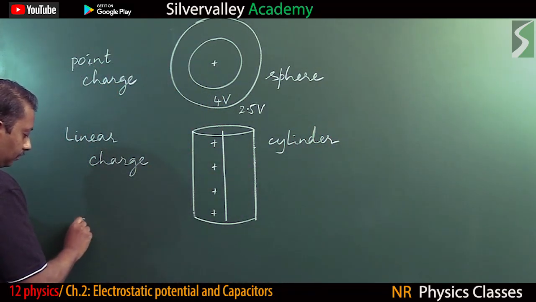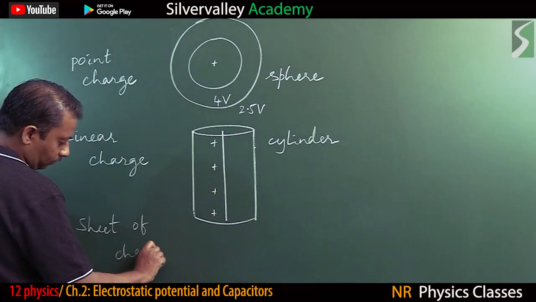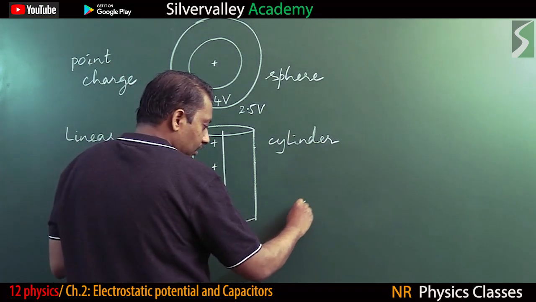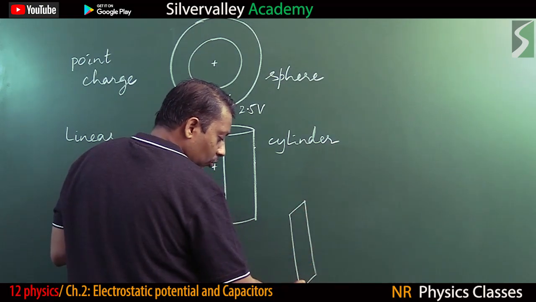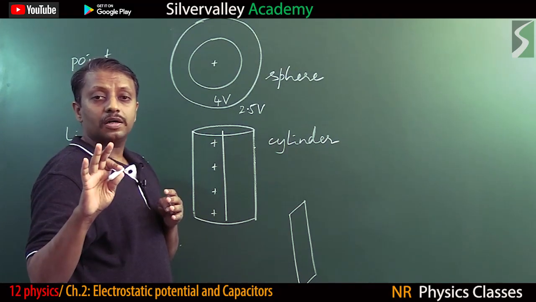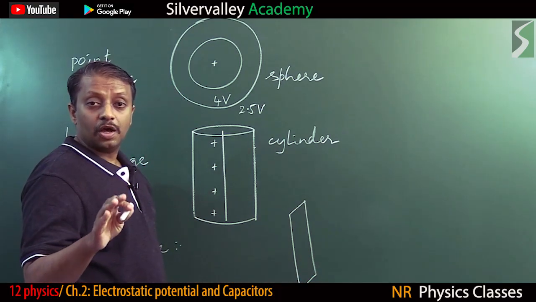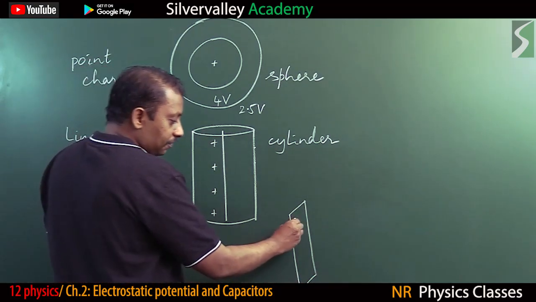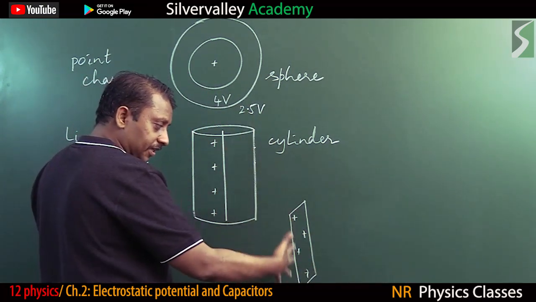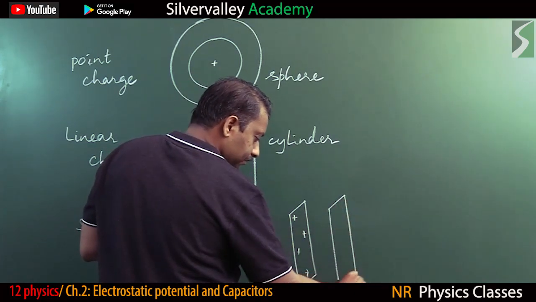Next, a sheet of charge. If this is a sheet of charge of infinite area. Infinite area means we are trying to neglect or avoid irregularities at the edges, nothing but non-uniform electric field. If this is a sheet of charge of very large area, then imagine a plane parallel to this.